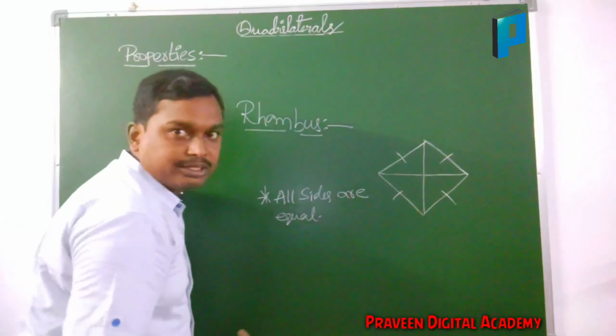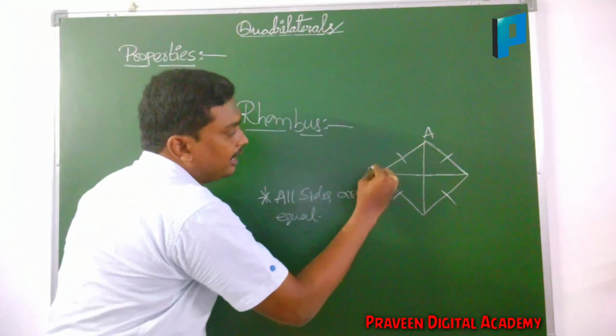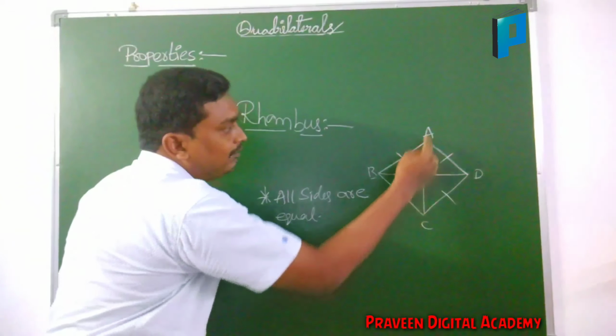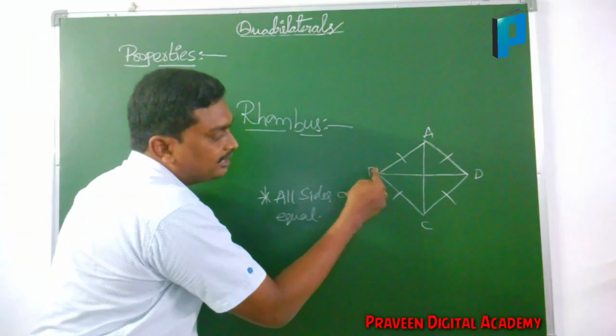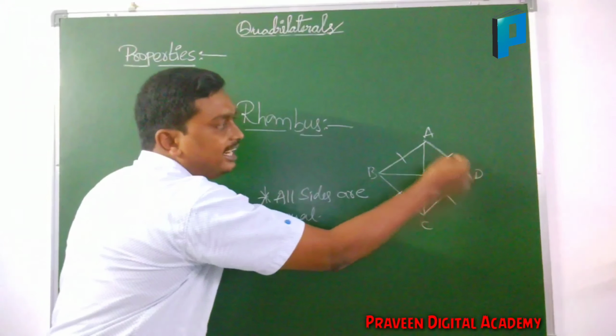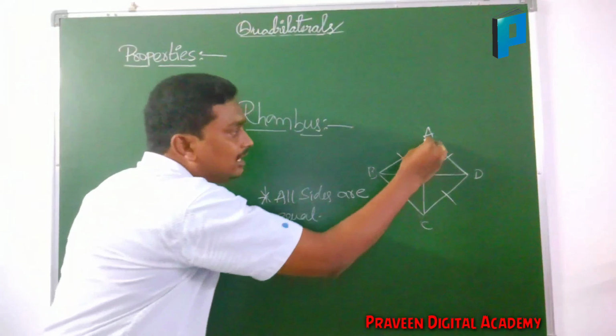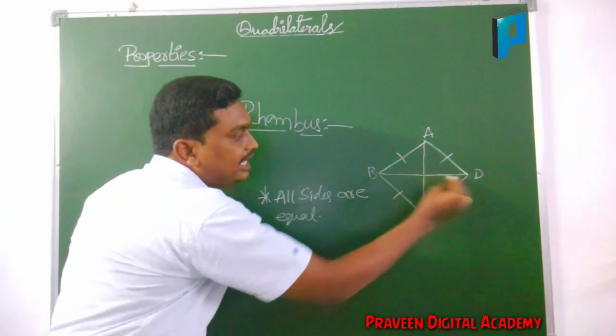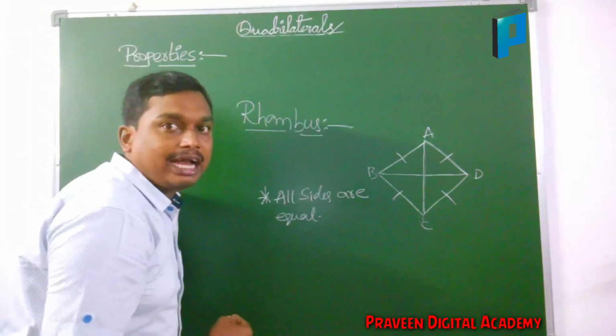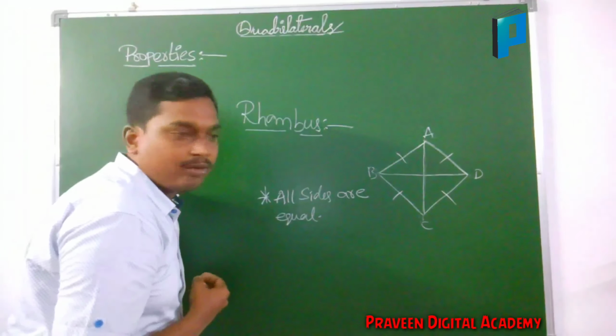Let us take ABCD as the rhombus in which all sides are equal. AB is a side, BC is a side, CD is a side, DA is a side. All sides are equal. And here AC and BD are the diagonals and they are not equal.